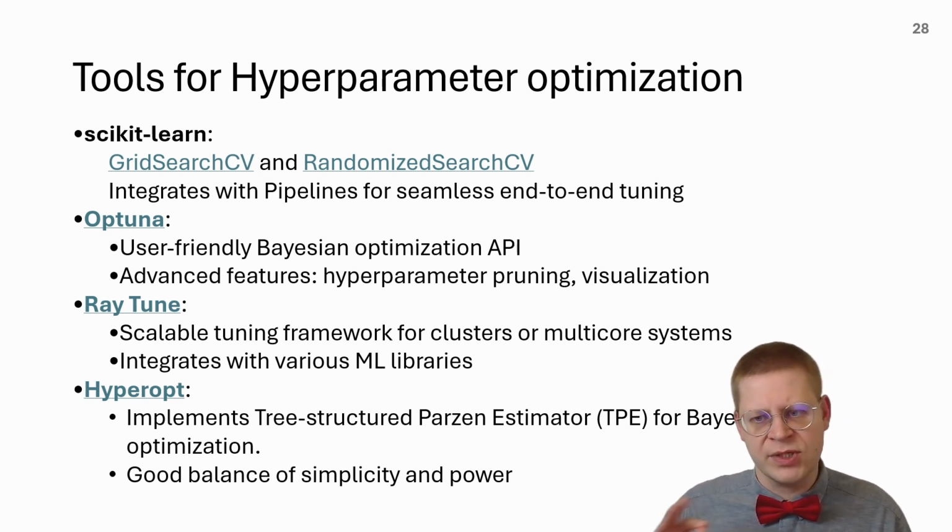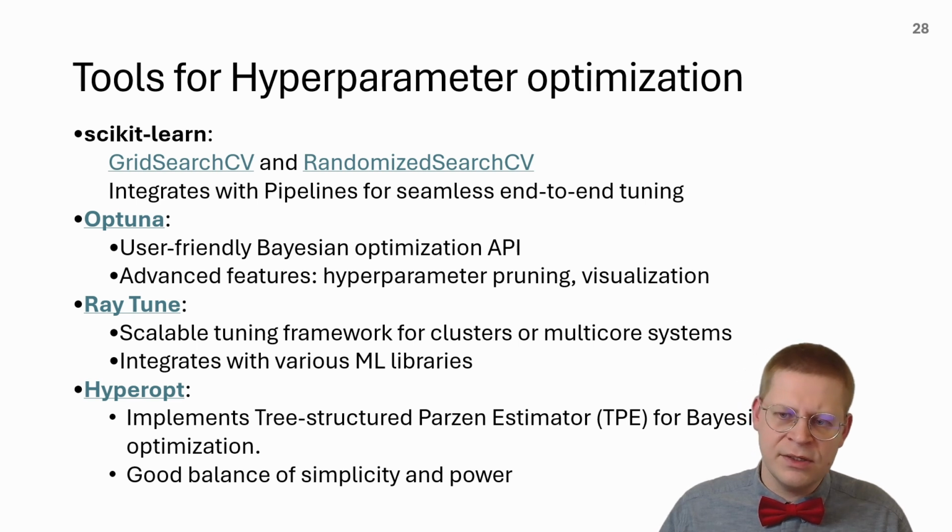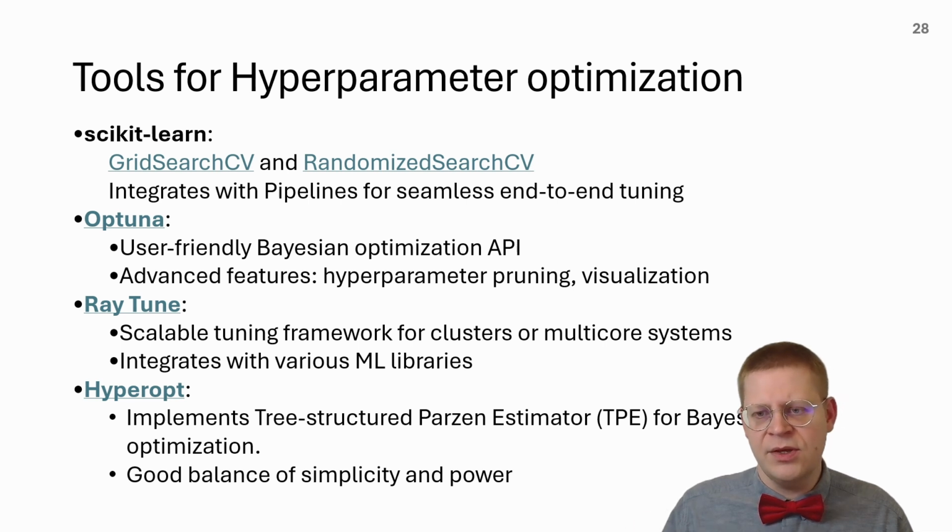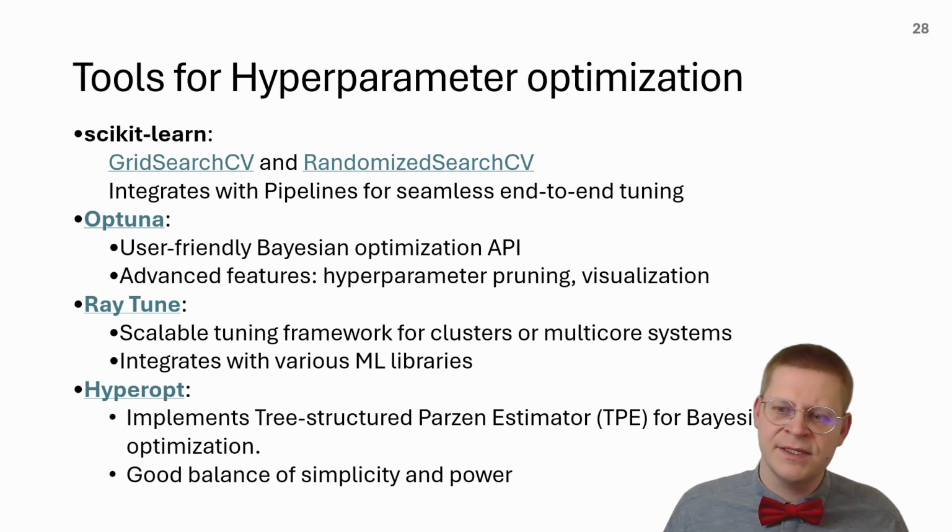RayTune is designed for scale. It can run many trials simultaneously on a single machine or a cluster. That is particularly handy if you are dealing with large datasets or expensive model training. And finally, HyperOpt uses the Tree-structured Parzen Estimator (TPE) for Bayesian optimization. It's a solid balance between simplicity and advanced search.